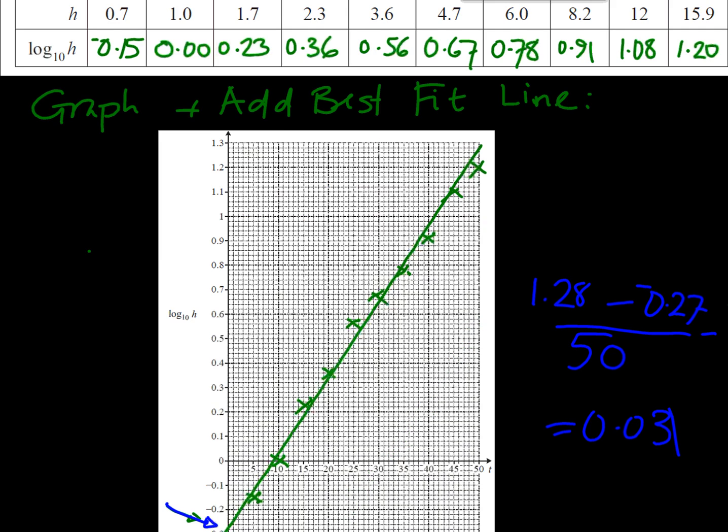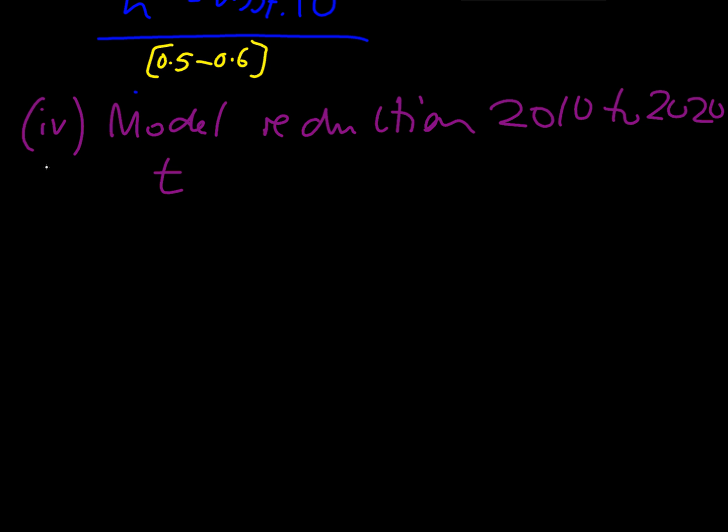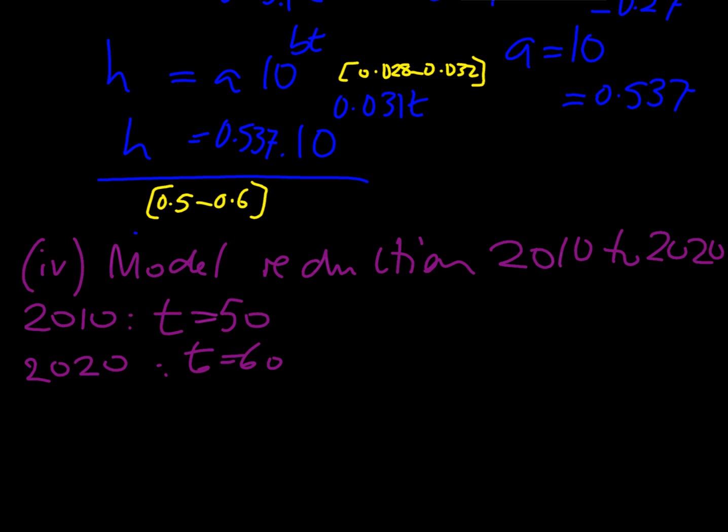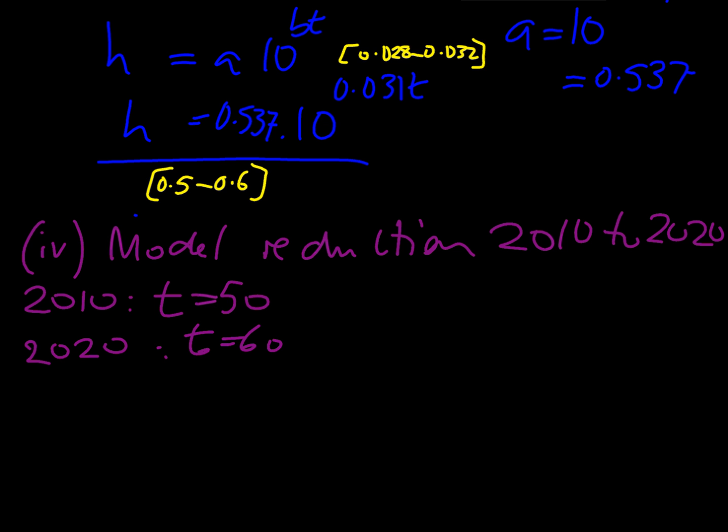So 2010 is when t equals 50, and 2020 is when t equals 60. So putting those values into our formula, we're going to get h at 50, and h at 60, and the difference we're going to calculate is h 60 minus h 50. Yep, that's the difference between the two.